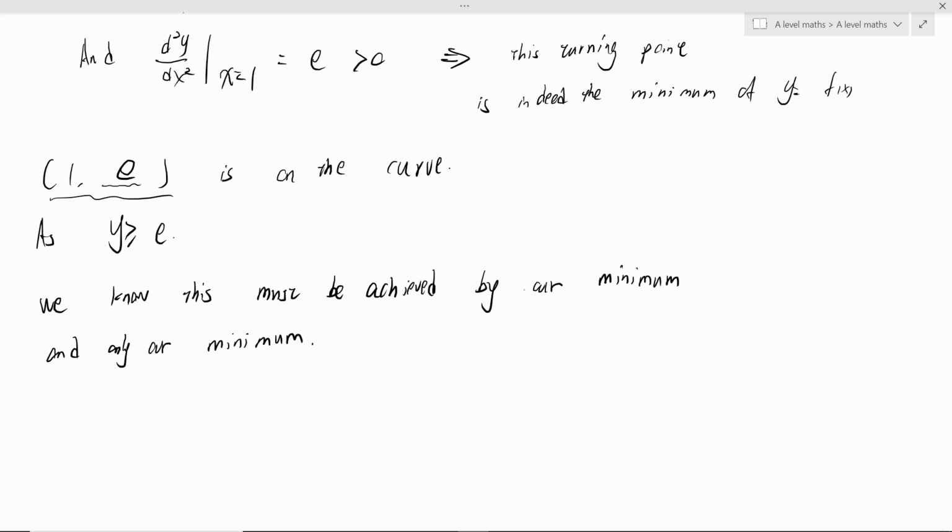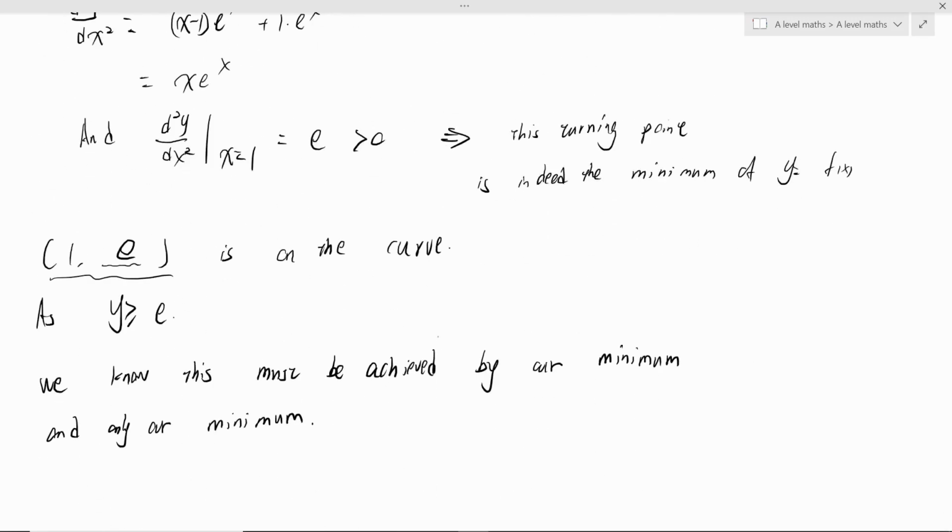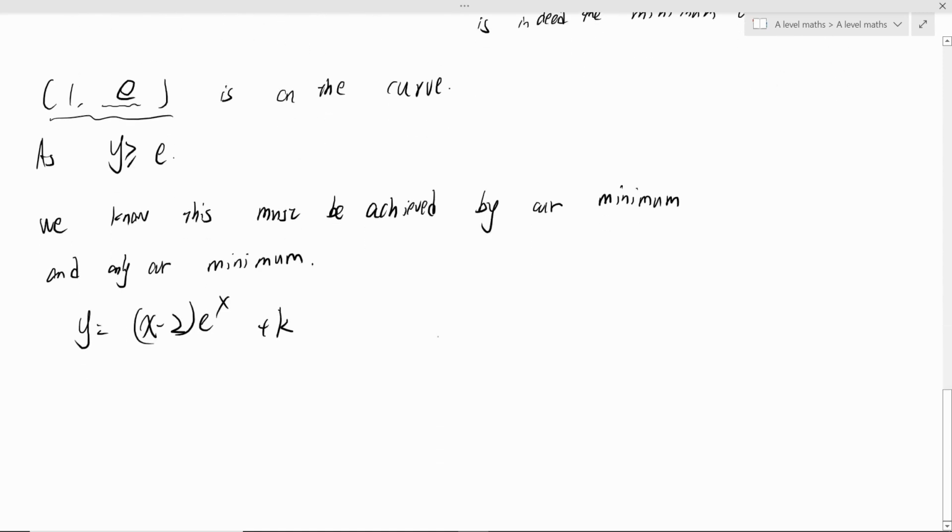So now we may complete the full solution. We have said that y is (x minus 2) times e^x plus some constant k. And we've shown that e is equivalent to (1 minus 2) times e, not e^x, plus k.